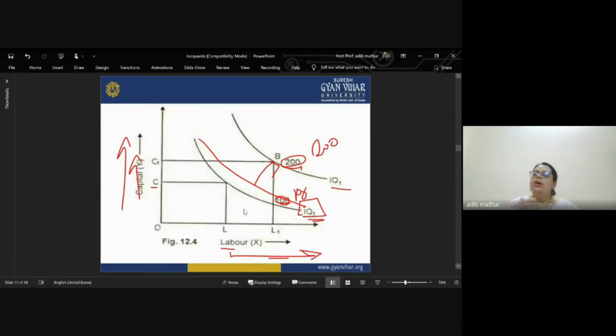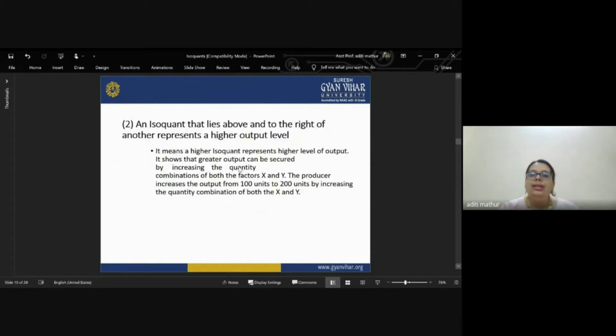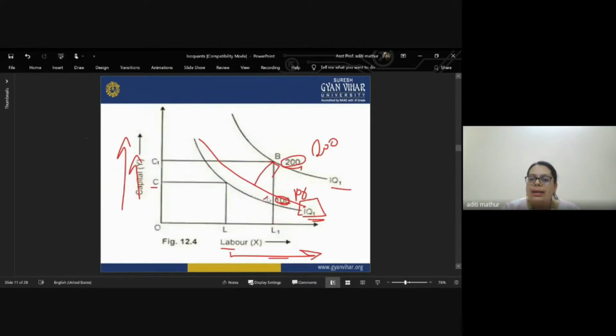And that is why one of the characteristics says the higher isoquant depicts the higher unit of output. And that is why it is above the other. So this is how our point number 2 gets justified, that the isoquant that lies above and to the right of the other represents a higher output level. We can see over here it is above and towards the right, and it depicts a higher value.